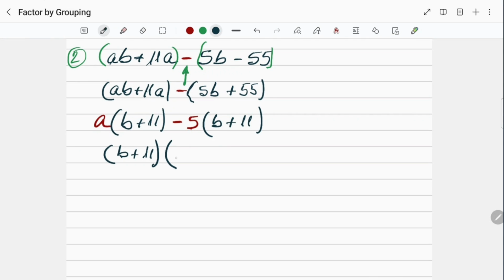Then I say the common factor times a minus 5. Ready? Our four terms are now factored into two factors.